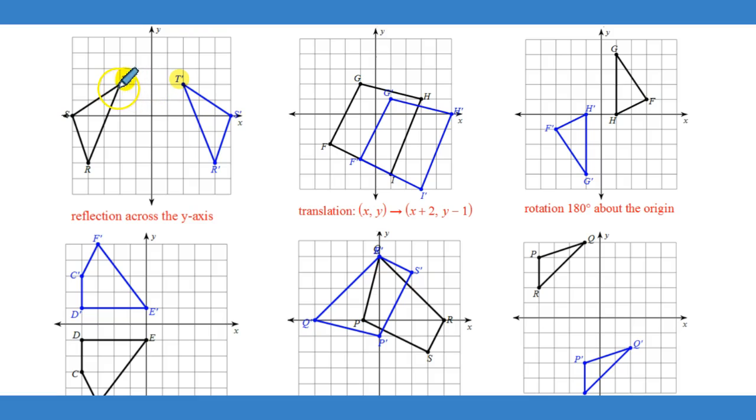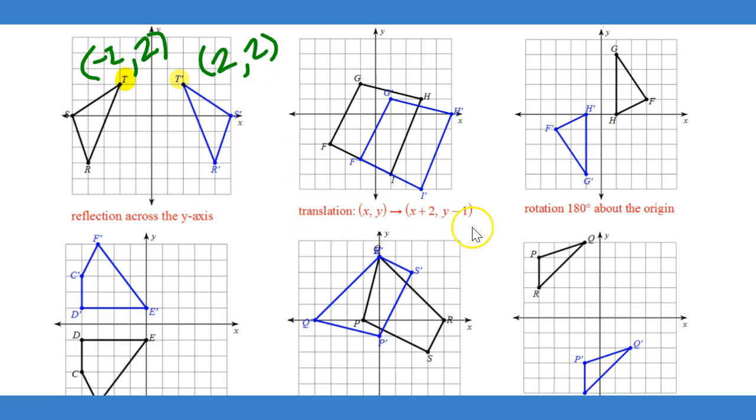This is the point (-2, 2). And then when I move to my T prime point, it's the point (2, 2). So if you look back on the rules from the last page, the only thing that changed was my x value's sign. So that's why it's a reflection across the y-axis.